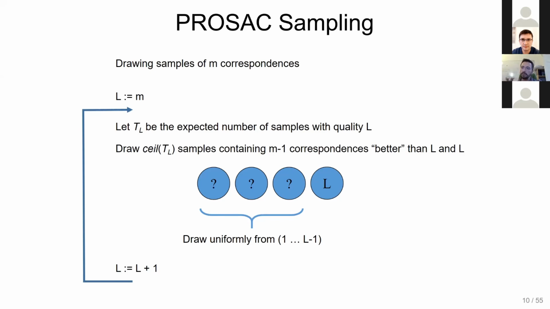So we will be improving the quality of the sample, which is the worst correspondence in the sample, and we will estimate the expected number of samples with this given quality, and we will construct the samples so that the worst correspondence is the one given by the quality, and the rest of the sample is drawn uniformly from better correspondences. And we will draw this for a given quality, and then we move to another one. So this is doing the same thing as on the previous slide, just more efficiently.